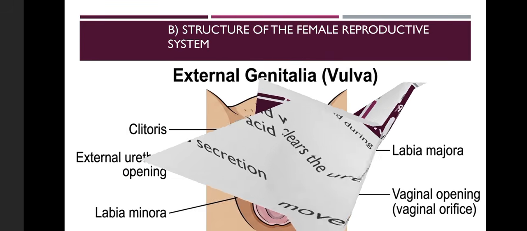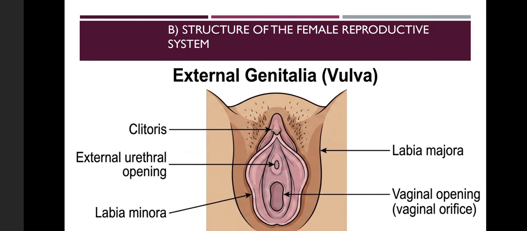With that, we are done with the male reproductive system, and now I want us to look at the structure of the female reproductive system. And as you can see in this diagram, the external genitalia of the female reproductive system is composed of a number of parts. There is a part that you are calling clitoris.